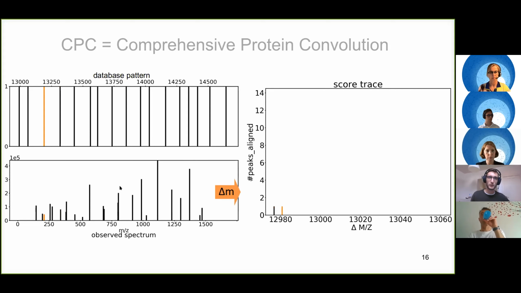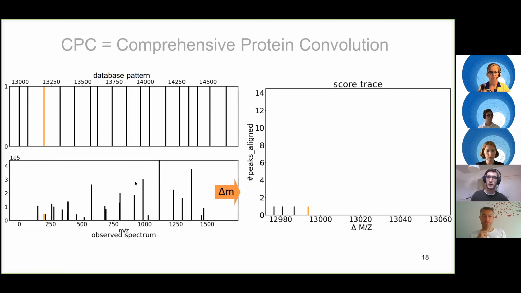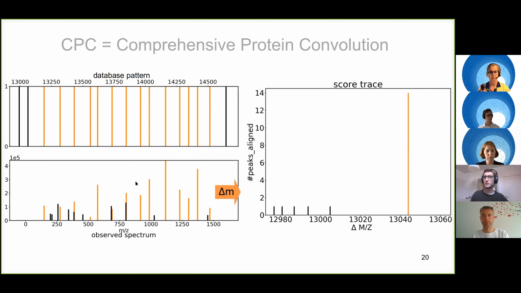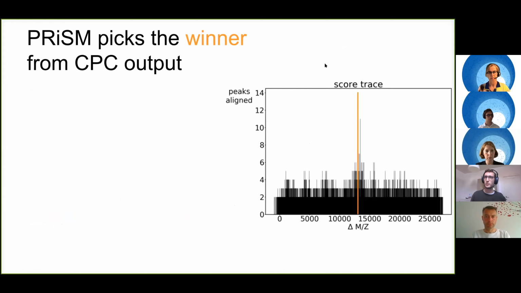So keep an eye on this. We now slide across, each time matching at least one pair of peaks, until at some point we have a pattern match. And then, of course, our score trace will be very peaked. And we do that across all proteins, across the entire patterns, and we end up with something like this for each protein. So that's what the score trace then looks like.